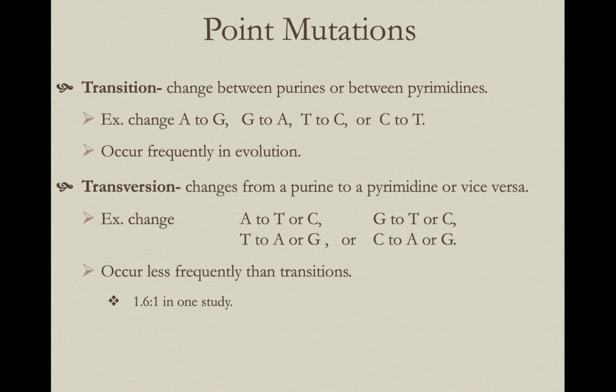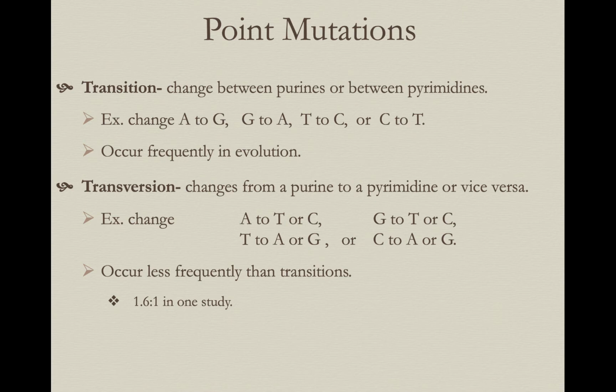Transversions are the opposite. If you go from one chemical class to the other, that's a transversion, so if you go from a purine to a pyrimidine, or a pyrimidine to a purine. Despite the fact that there are more potential combinations of these changes, these tend to occur less frequently. In one study, there were 1.6 transitions for every transversion, but that's going to vary from case to case.